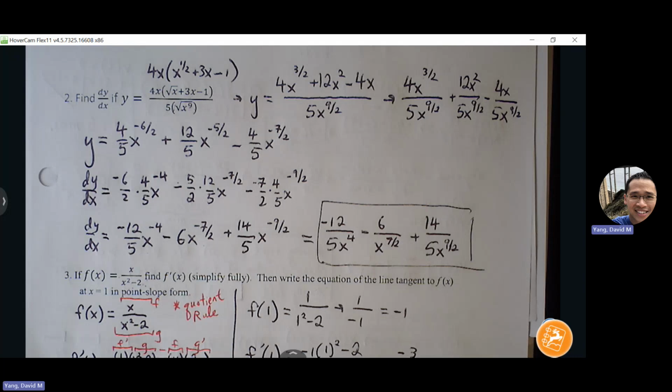Can we use product rule for this one? It's not going to come out as easily, so I want you to use power rule, because it's going to allow you to get to an answer that is simplified. What's an example of a fraction that you would use product rule for? That's right here, number 30. As soon as there are 2 terms in the denominator, you're forced into product rule.